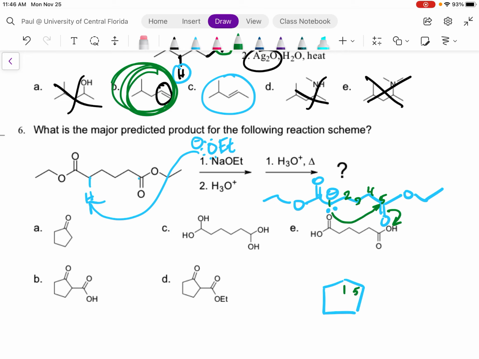So there's our 5-membered ring, so that makes that 2, 3, and 4. What's attached to carbon 1 still? We have a carbonyl, okay, and then we have the ester part. So that piece right here is this piece.